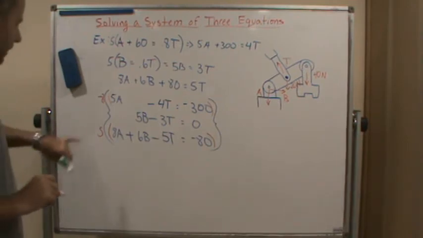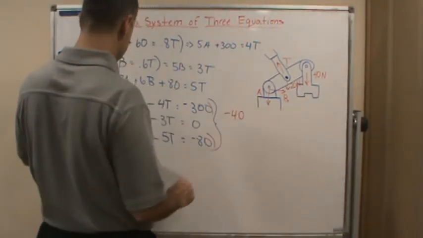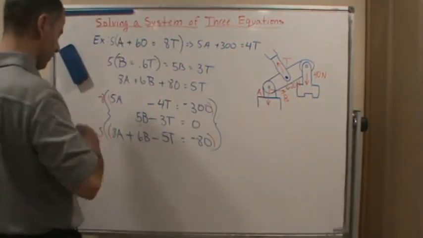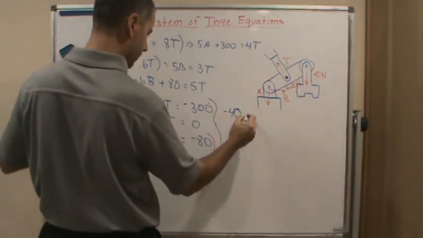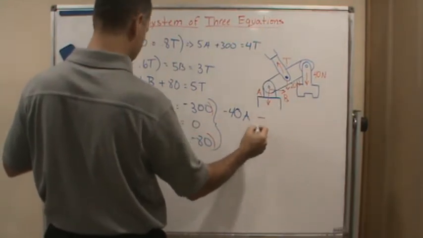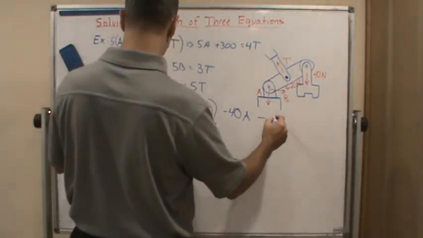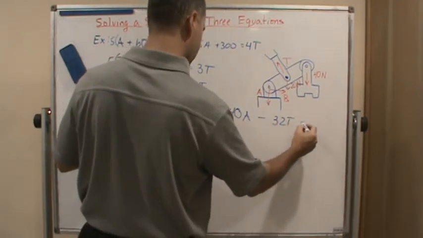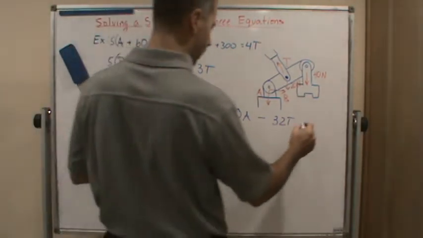And so if I rewrite these, what do I get? I get -40A minus 32T equals 2400.